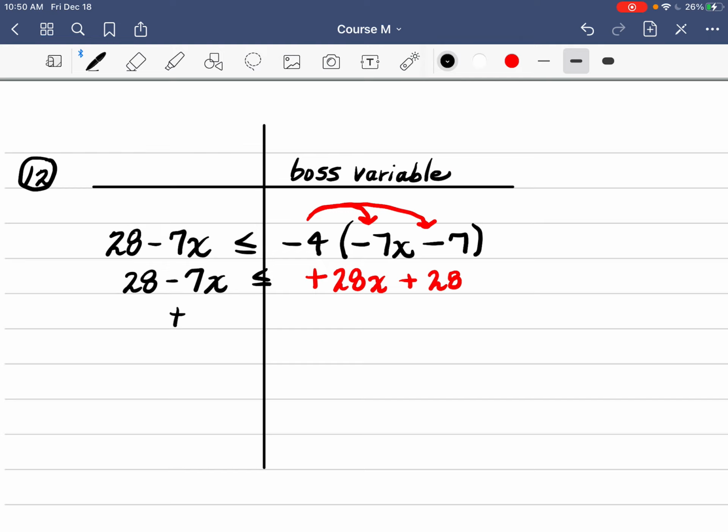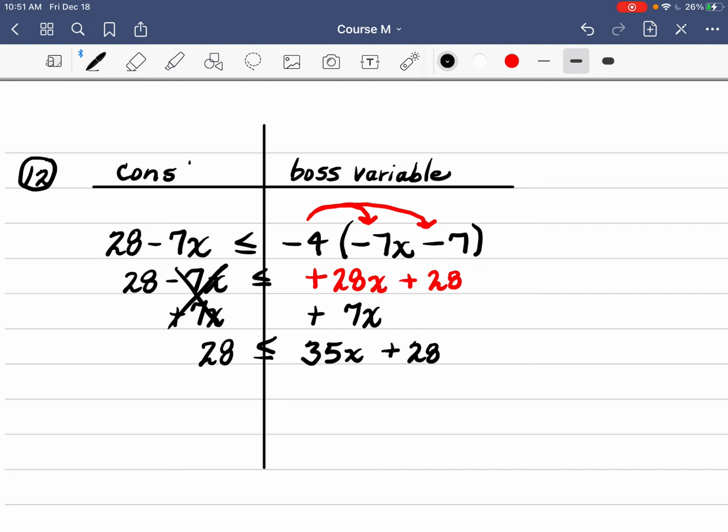So I am going to go ahead and move that 7x while I'm looking at it over here. Cancel, copy, and I'm left with positive 35x's. And there sits that constant.